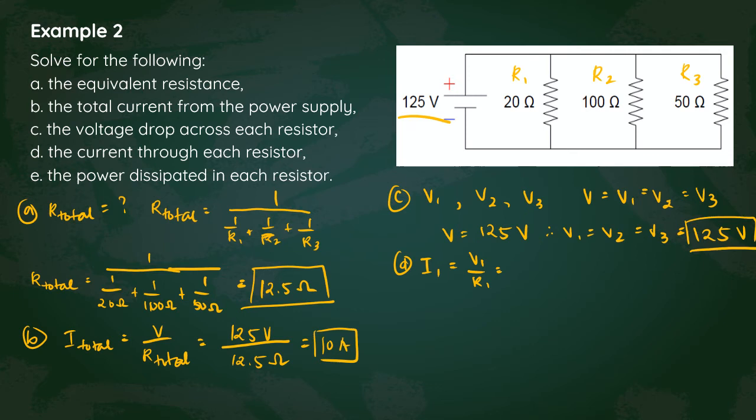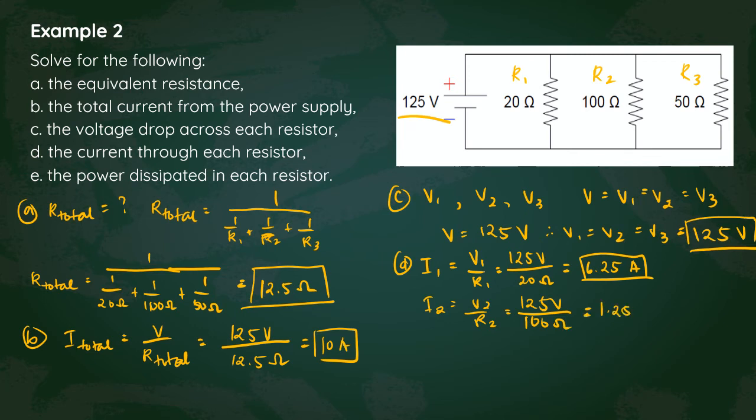The current that flows through resistor 1 will be V1 over R1, which is 125 volts over 20 ohms, giving you a value of 6.25 amperes. I2, which is V2 over R2, is 125 volts over 100 ohms.